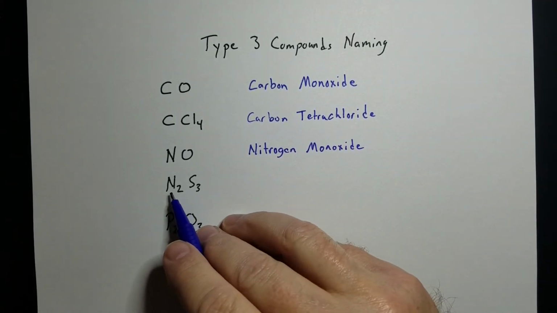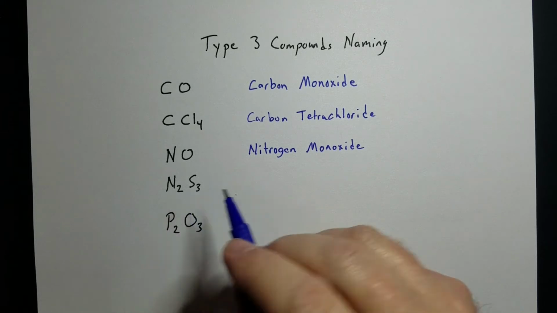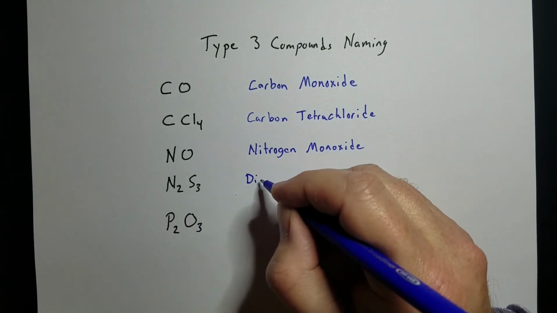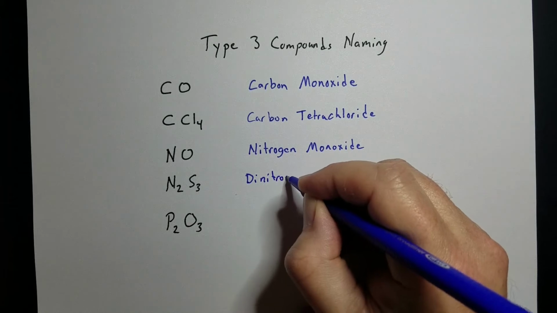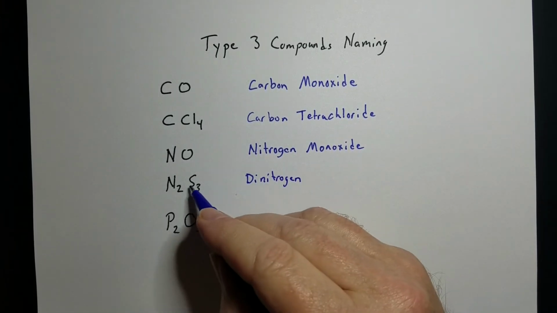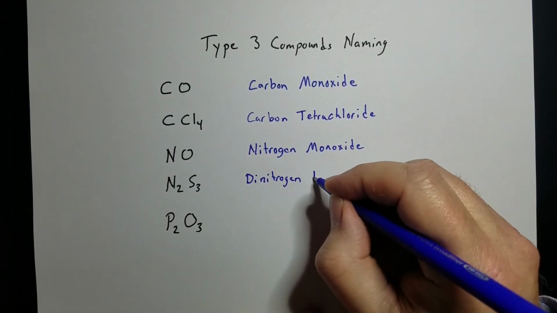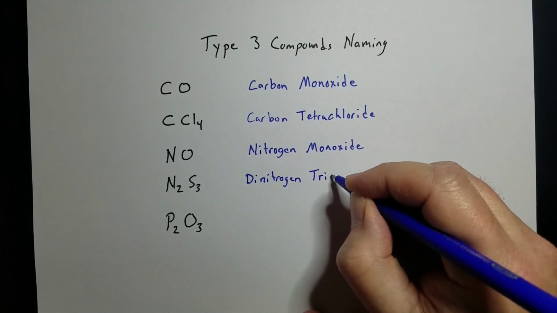Here we got nitrogen again, but this time there's 2 of them. So this one's going to be dinitrogen. And there's 3 sulfurs, so it's going to be trisulfide.